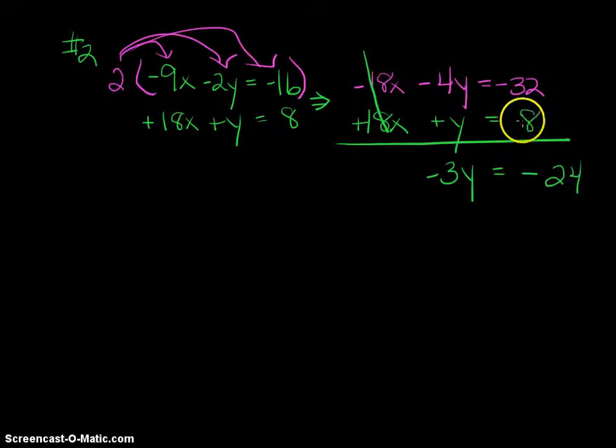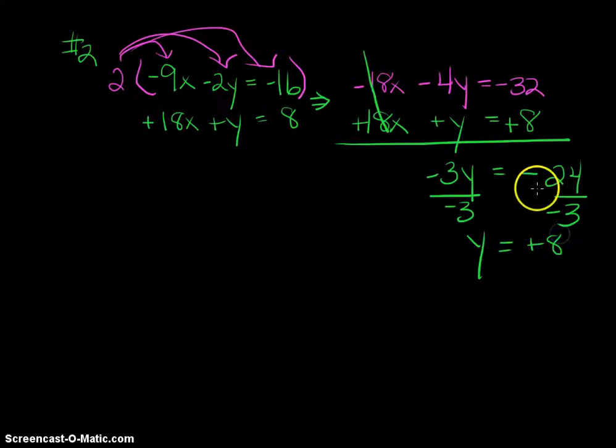Okay, negative 32 plus 8. If you forget what operation to do here, put in that sign. If there's no sign, it's positive. Okay, and I'm just solving this equation, and y equals a positive 8. Negative divided by a negative is a positive. 24 divided by 3 is 8.